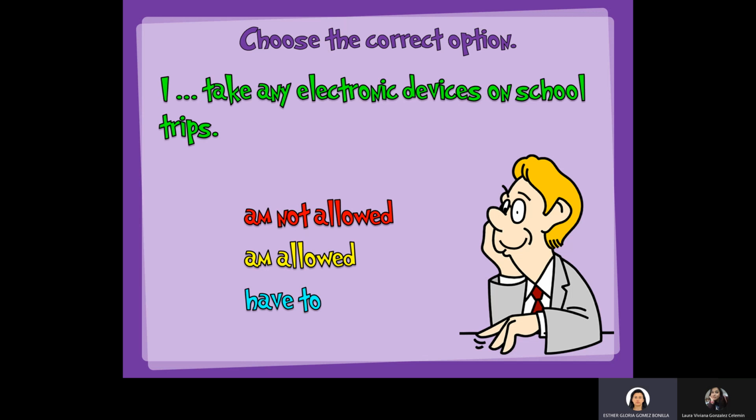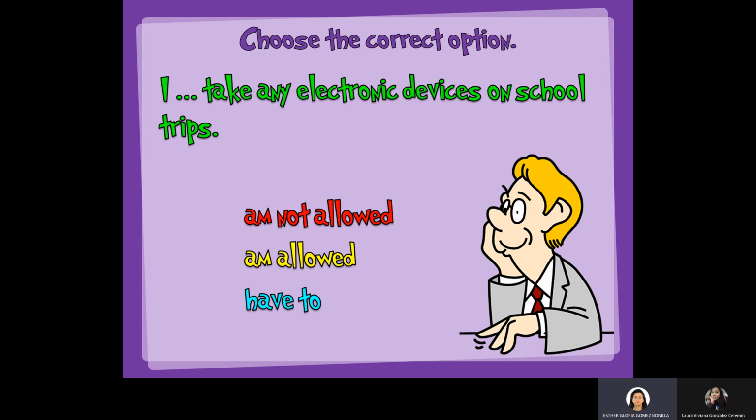We are here while you are doing the quiz, you are practicing and you are learning. Acuérdate que estamos de una vez aprendiendo. Here again. I am not allowed, I am allowed, or I have to take away electronic devices on school trips.